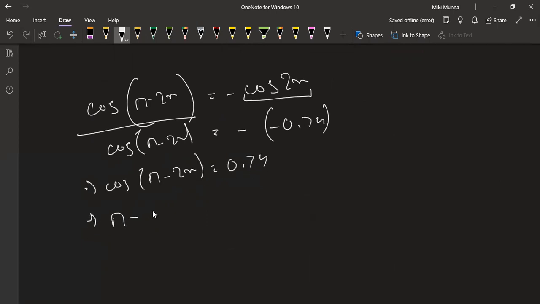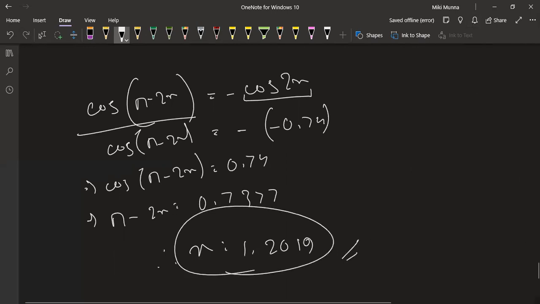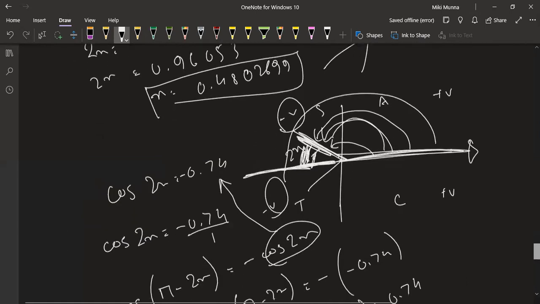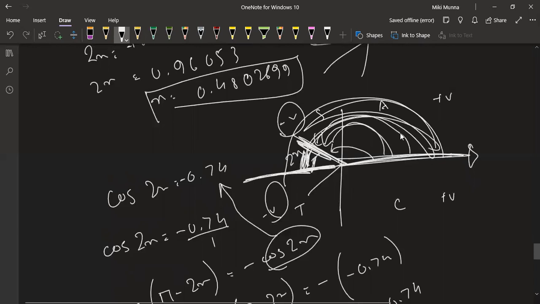Now doing the calculation, cos inverse 0.74 is 0.7377. Solving for x, we get pi minus 0.7377 divided by 2, which is 1.2019. So this is our angle, our x value. This is our theta, the angle which we need to find.